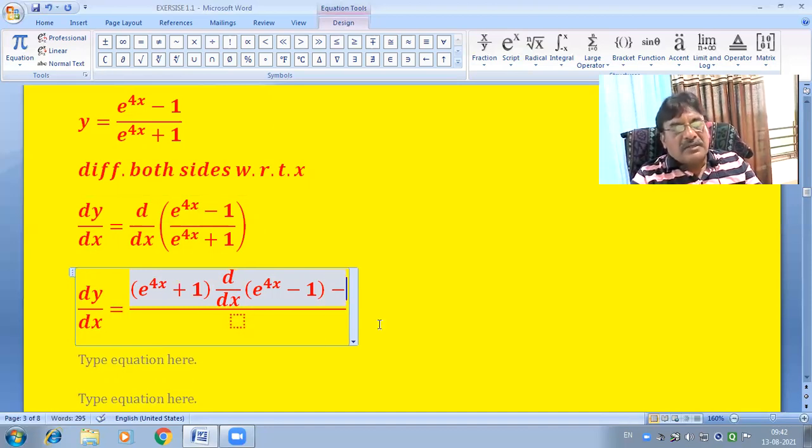Minus numerator into derivative of denominator.